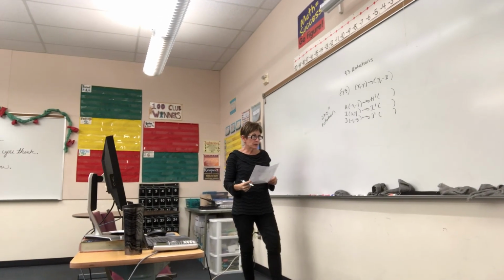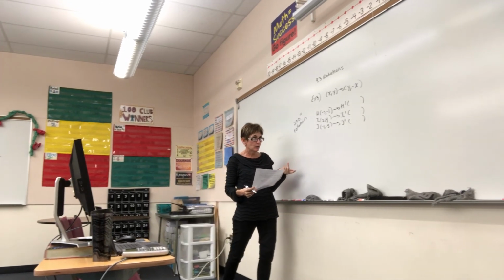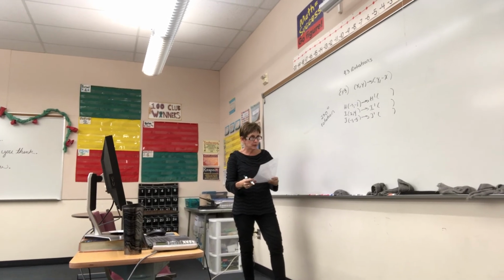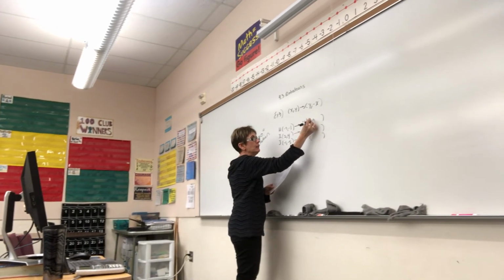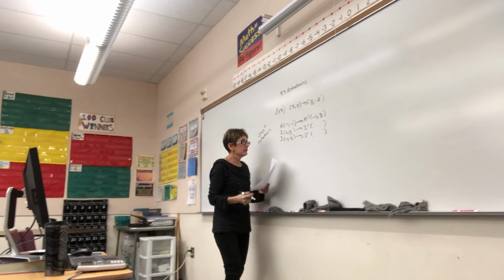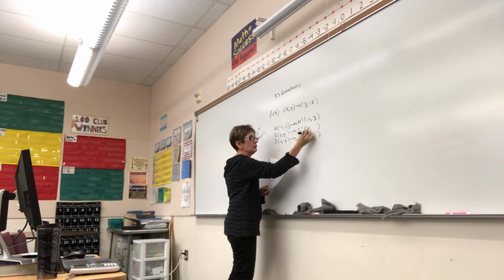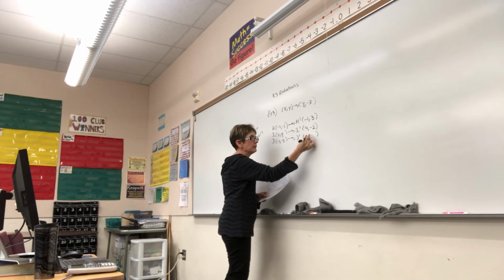Try to do the first one if you can. If H is -3, -1, and I have to switch the order and change the sign of the X, what would my next point be? It should be at -1, 3. I prime will end up being at 4, -2. And J prime will end up being at -5, 1.